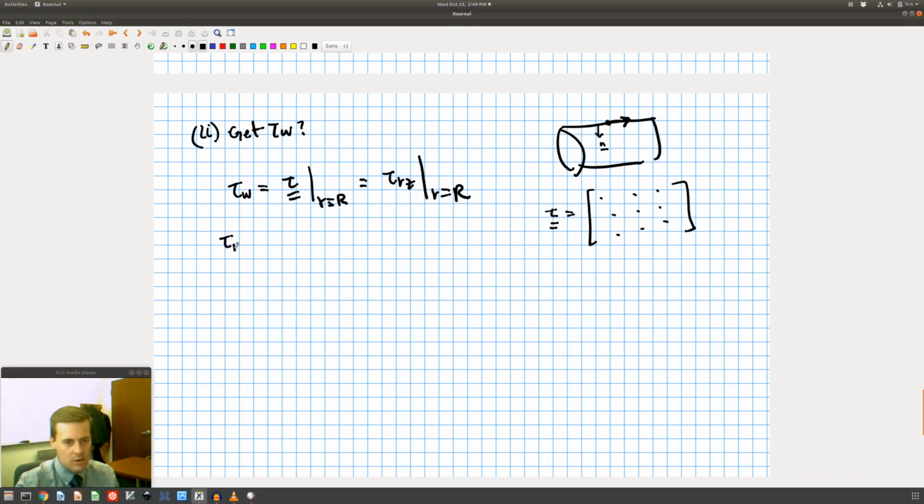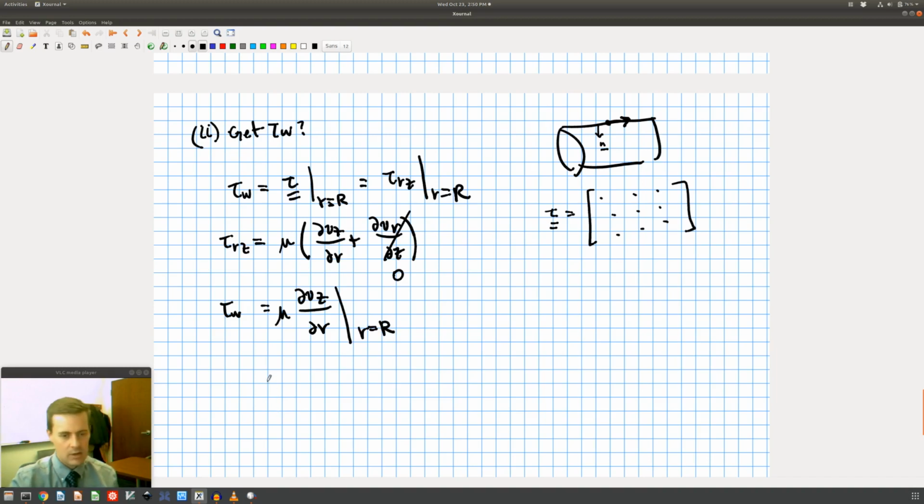So I look up what tau RZ is, and tau RZ is equal to mu times dVz dr plus dVr dz. Well, dVr dz is 0. Remember, I have no velocity in the R direction. So I only need to evaluate dVz dr, and to get the wall shear stress, I need to evaluate that derivative at R equals big R. So now let's evaluate that derivative.